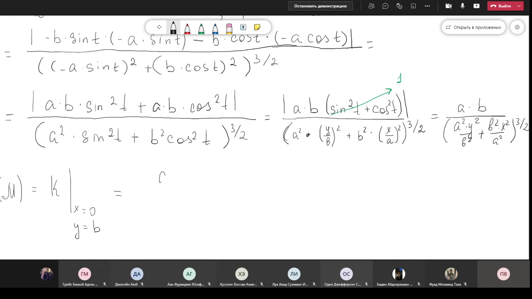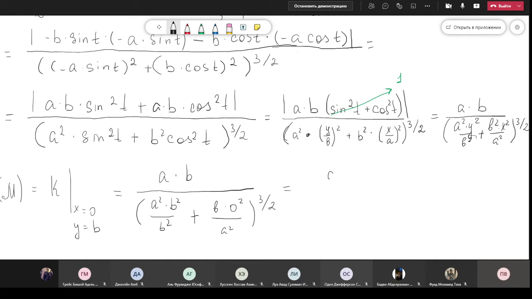Calculate a times b over all this: a squared times y squared, y is b, squared over b squared, plus b squared times x squared, x is 0, a squared, 3 over 2.